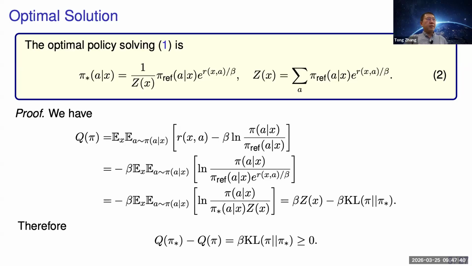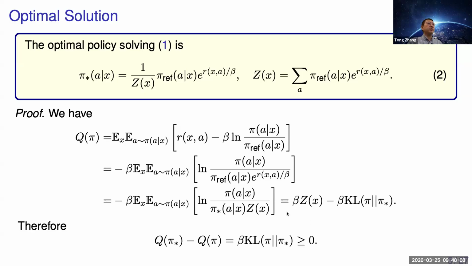So if you work it out, Q of pi star minus Q of pi: Q of pi star will be beta times expectation of Zx here, and this guy is this. So you subtract these two, and you get this guy. This guy is always larger than 0, which means pi star is the optimal solution of that.